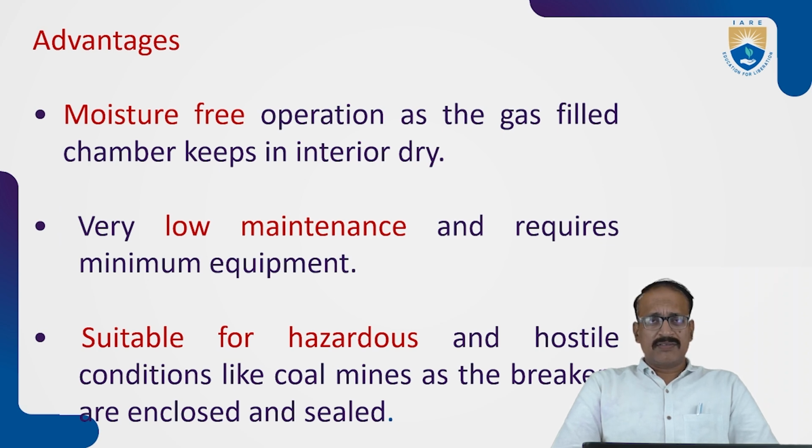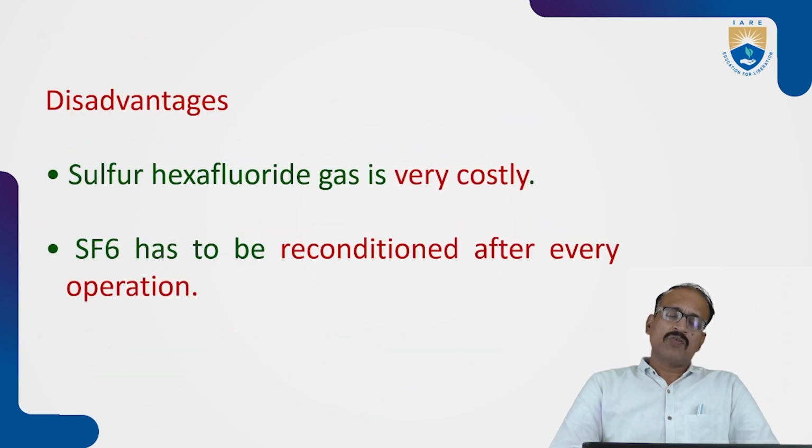If any small fire accident occurs, methane gas leaks and explodes. In such cases we can use this circuit breaker, which has more advantages, and that's why we use it in coal mines.